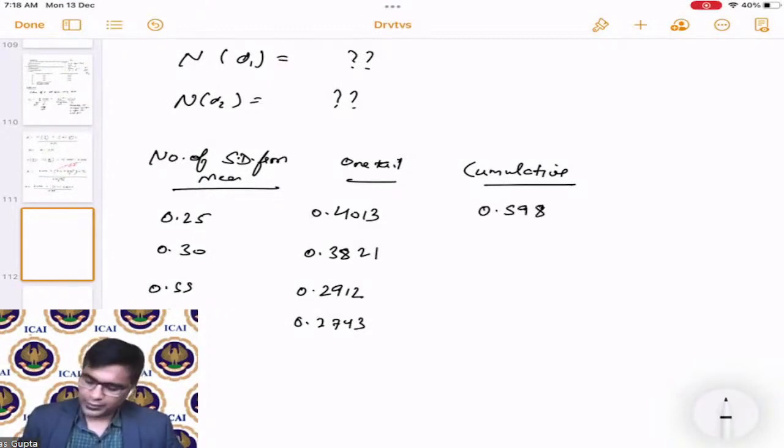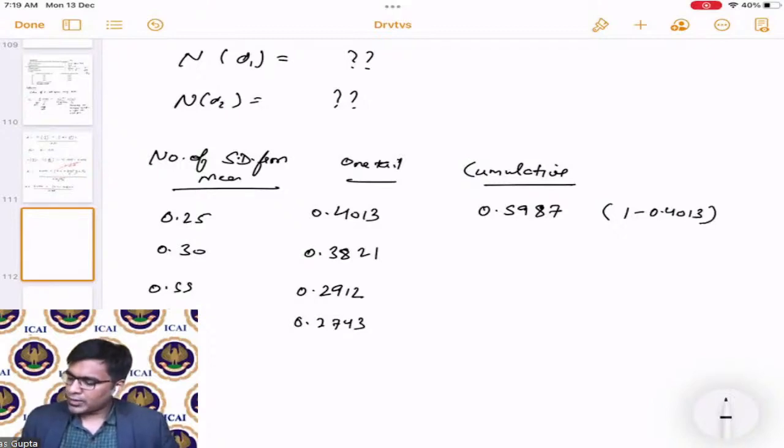This is how we have calculated: 1 minus 0.4013 will give you 0.5987.